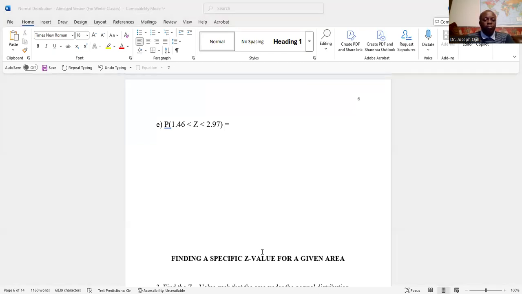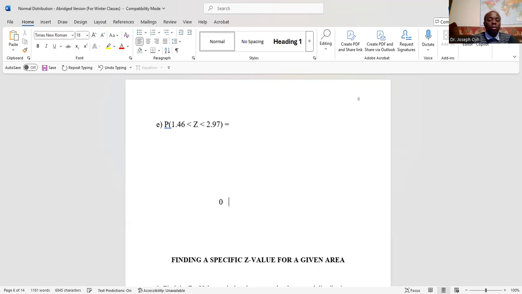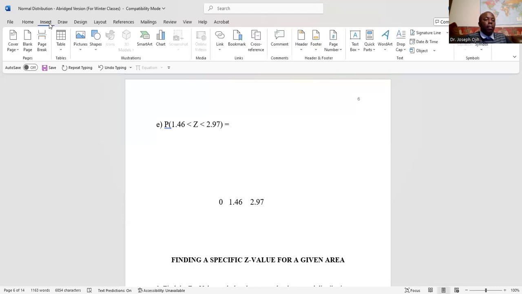Okay, this time both of them are positive and they are on the same side. So I'm gonna have 0, 1.46 here, 2.97. So you can make the chart.